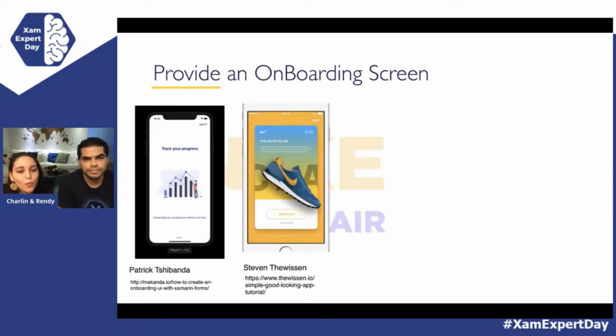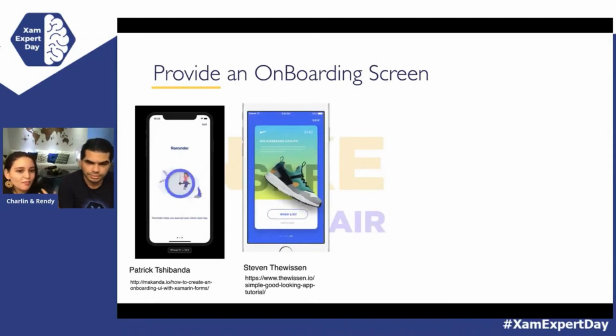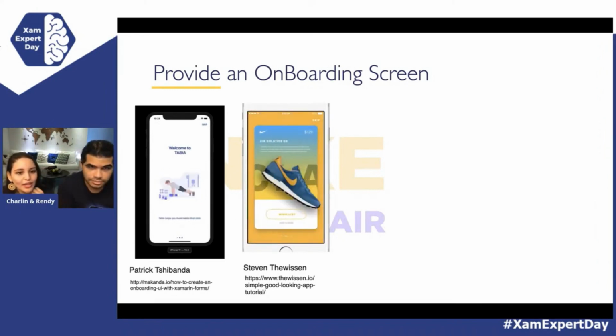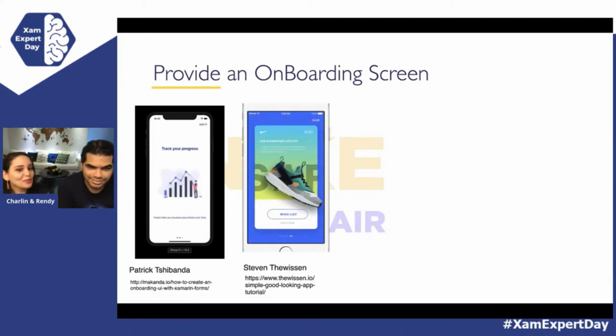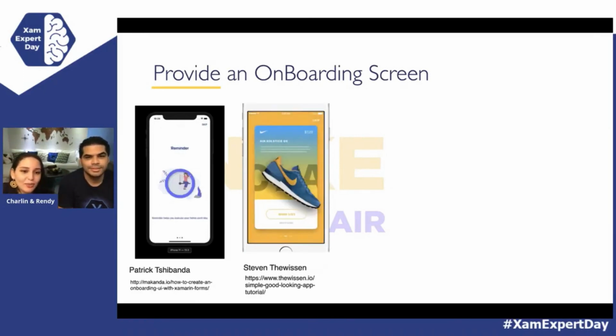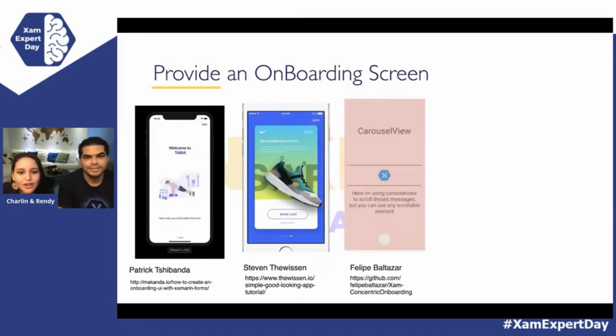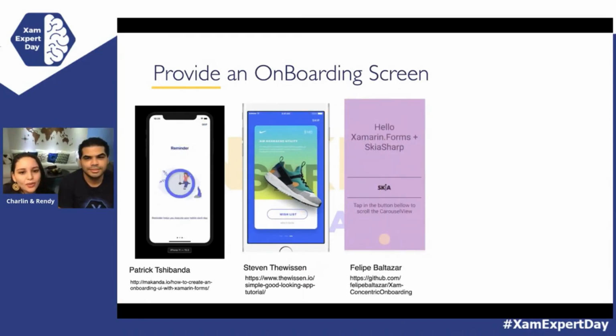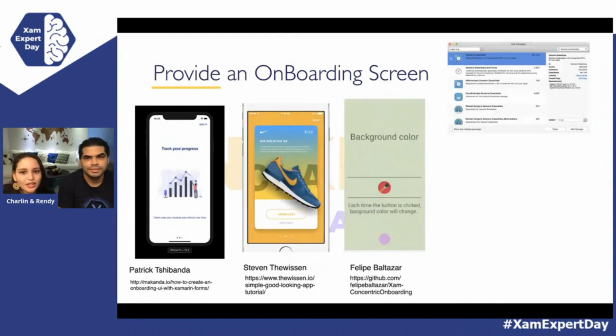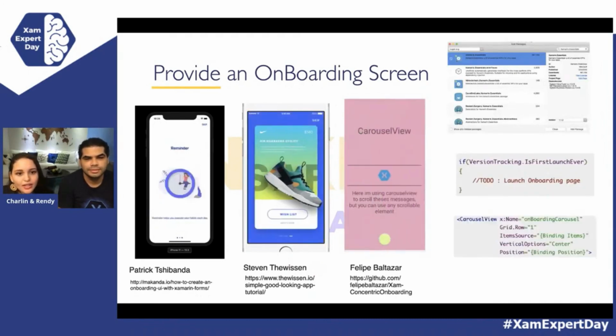But also, if you want to do something more professional, you can do it with an animation. Steven, I won't try to pronounce that last name. So Steven wrote an article too about it, and it's the same concept of the carousel, and also Felipe wrote another article using SkiaSharp. So you have different options there.